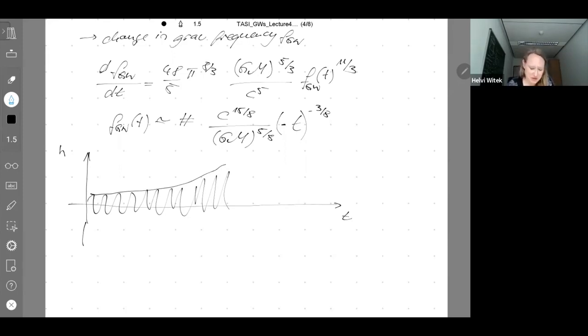And because of this morphology, which is very similar to the chirp of birds, this had been labeled a chirp signal. So this is essentially how the gravitational wave would look like that is emitted by an in-spiraling binary system.